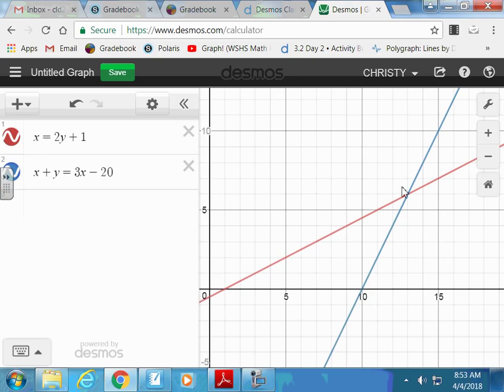Let's zoom around so you can find it, and then do a hover. I zoomed around so I found it, and I did a hover click, so it looks like x is 13 and y is 6. So feel free to pause and try your own Desmos on your computer.